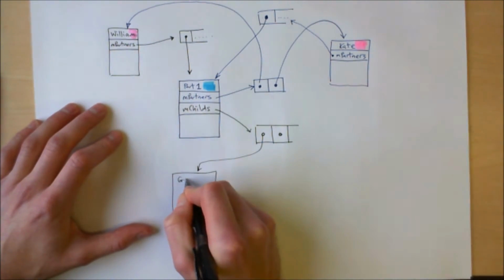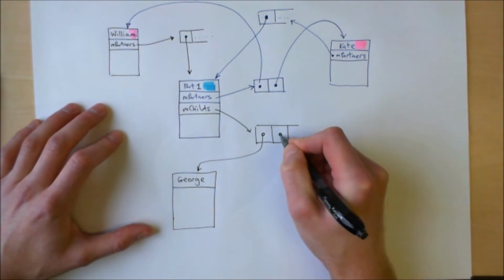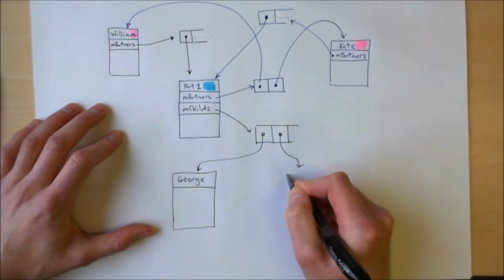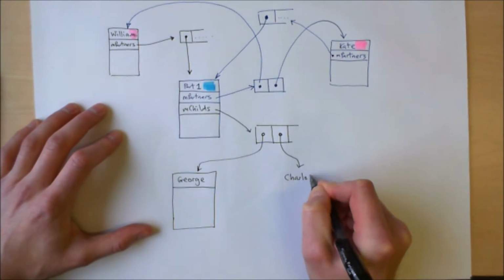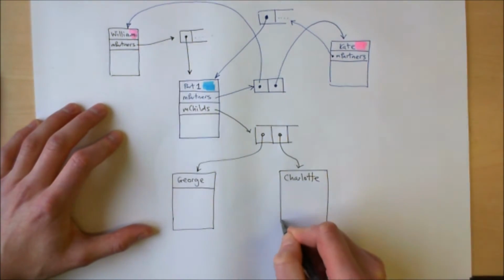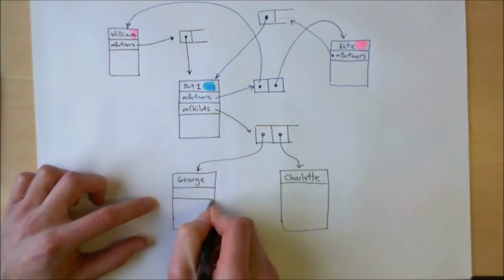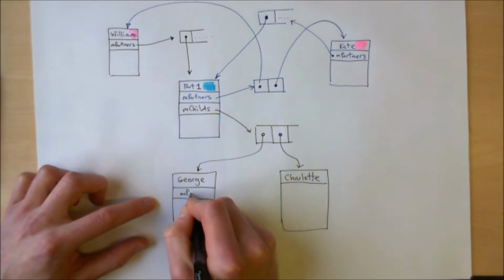One of them is George, and the other one is Charlotte. Now these also will have M partner arrays in them.